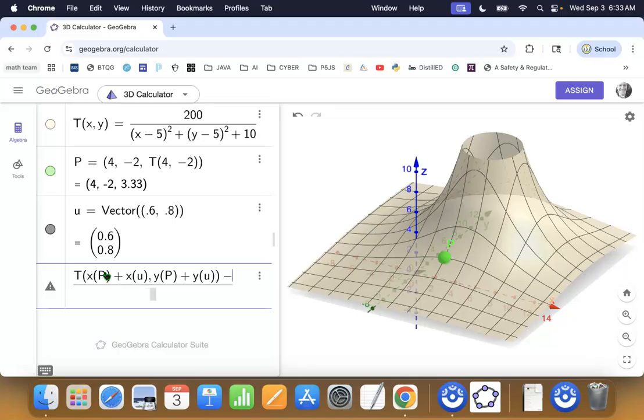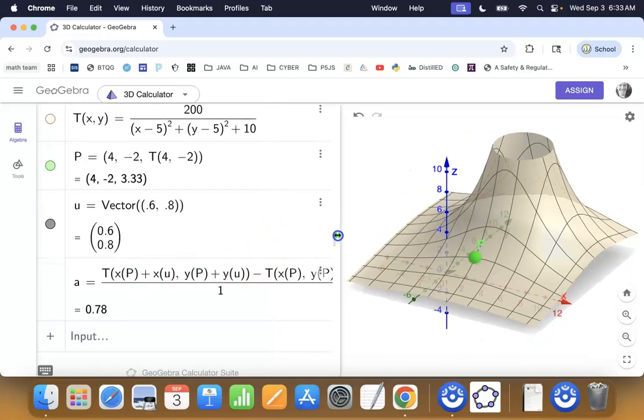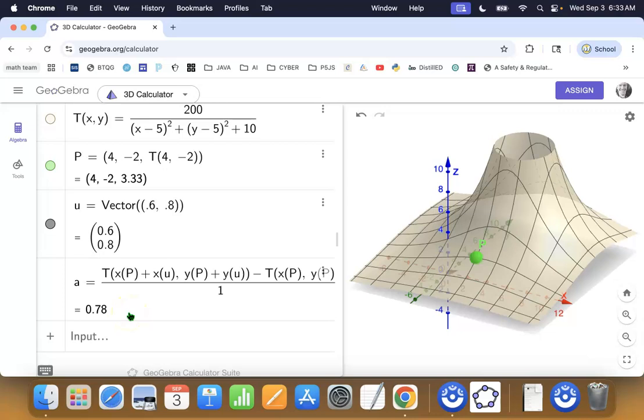And then I'm going to subtract T of x of P, y of P. And right now my step is just 1. I'm going the entire unit vector, so my step right now is just 1. So that is an estimate of the steepness of the surface in that point.